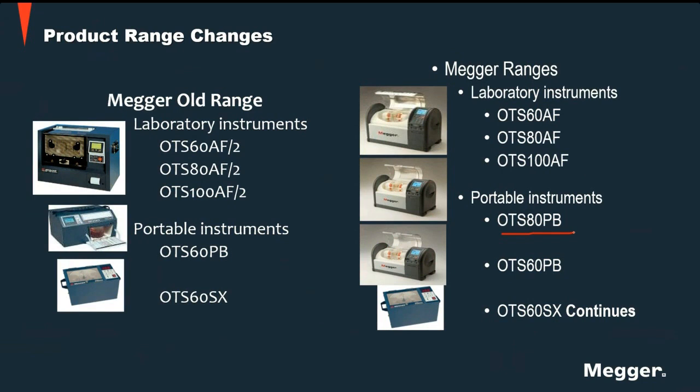Remember that when you do oil testing or the electric breakdown voltage, you need to test the oil within 8 hours. Okay? So these portable units offer the convenience of testing the oil at site.